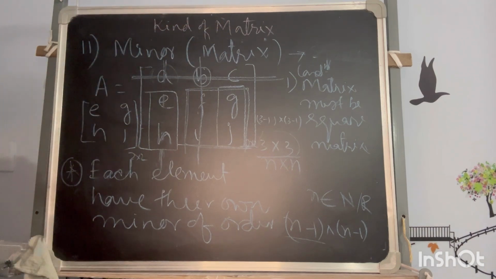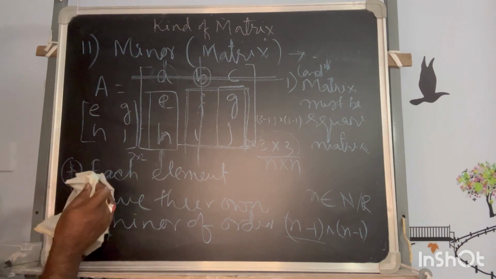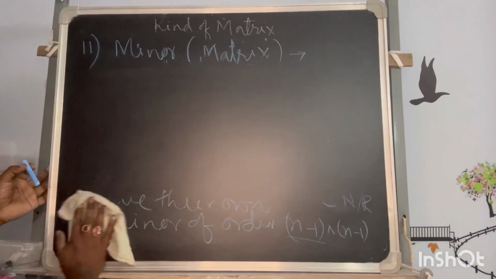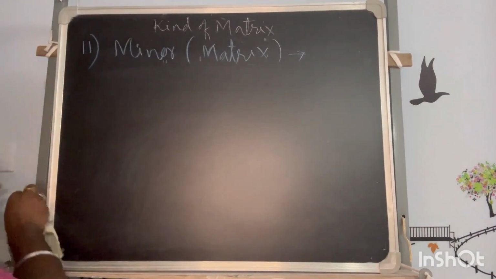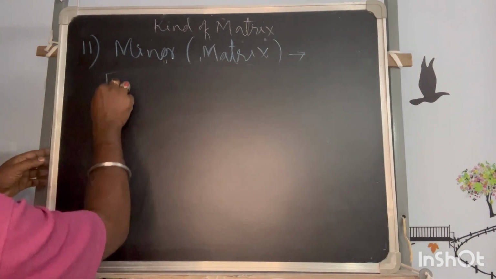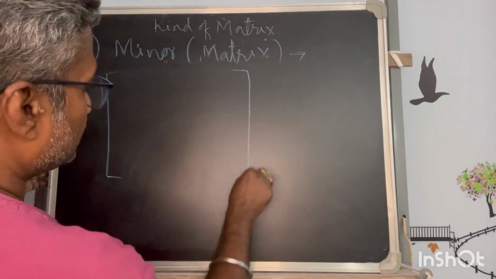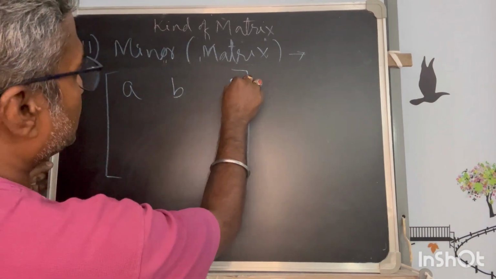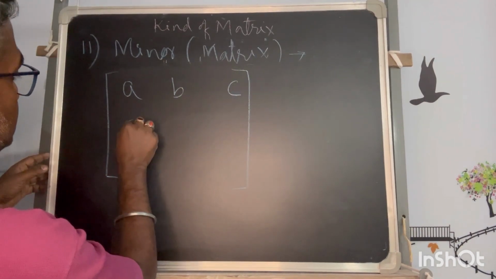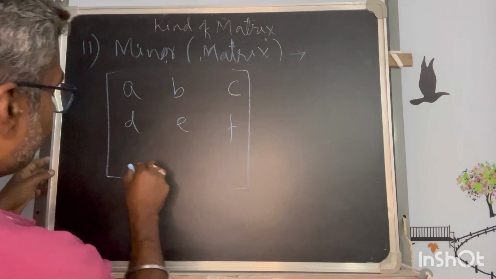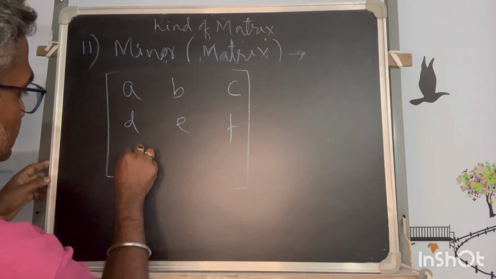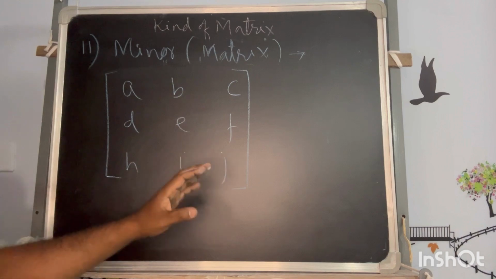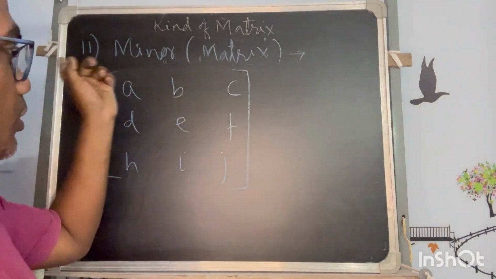Understood? So whenever I want to find the minor, I have to see two lines. It is not compulsory that you have to draw the lines.